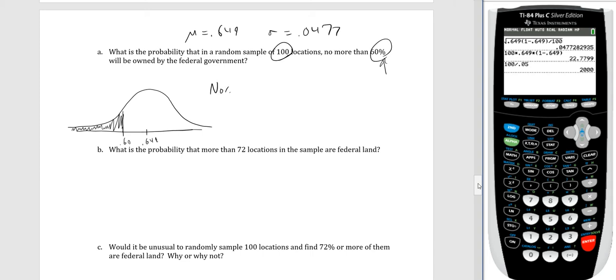Now, we've already confirmed that this is normal, so we should be able to run normal CDF on this and find our area. So we have negative infinity up to 0.60, followed by our mean of 0.649 and our standard deviation of 0.0477.